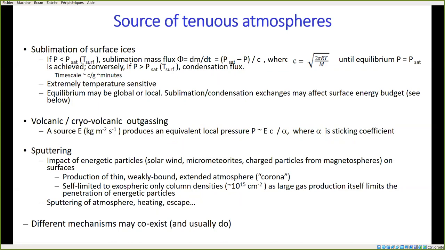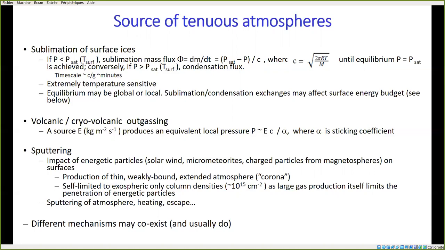The third source of tenuous atmosphere is sputtering. So sputtering is the production of an atmosphere by impacts on the surface of different kinds of energetic particles. These energetic particles can be the solar wind, can be micrometeorites, and especially important in the case of the moons of the giant planets, it can be charged particles from the planetary magnetospheres.